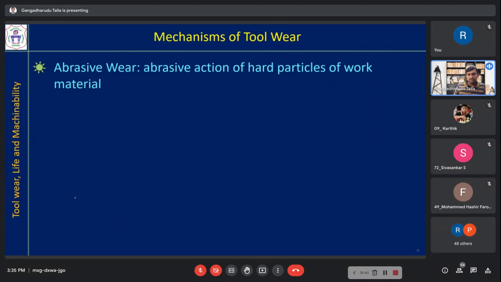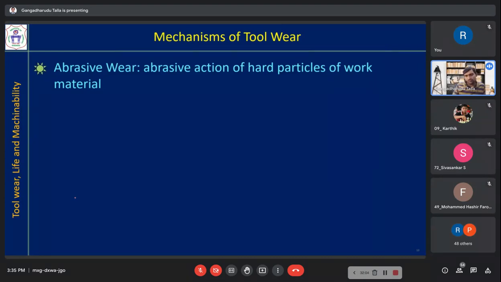So, let us say you are turning a mild steel using some HSS tool. HSS is obviously harder than the mild steel, but even then there can be some impurities.